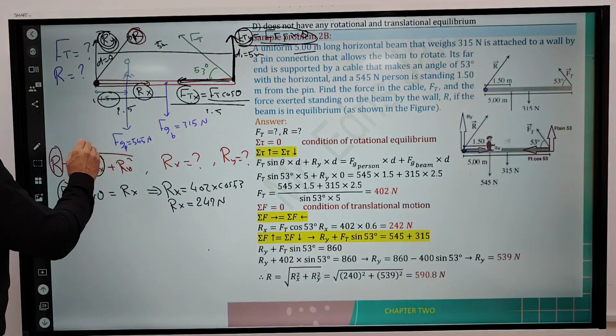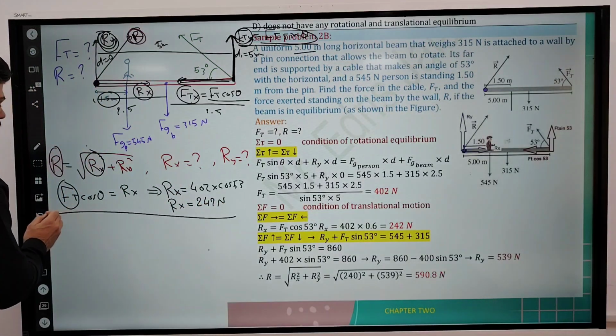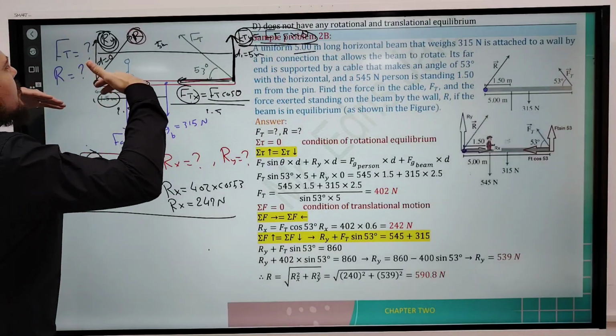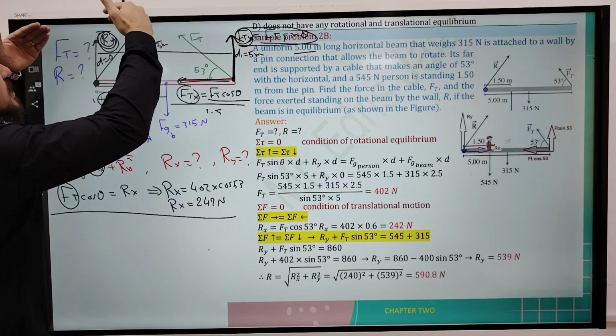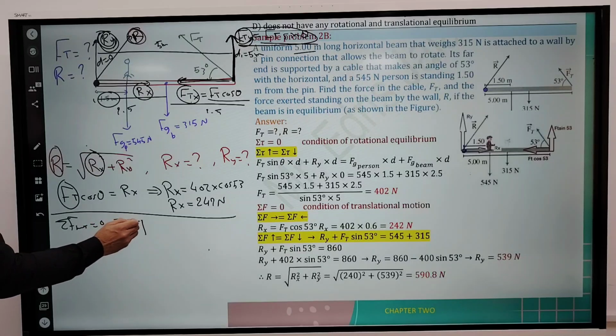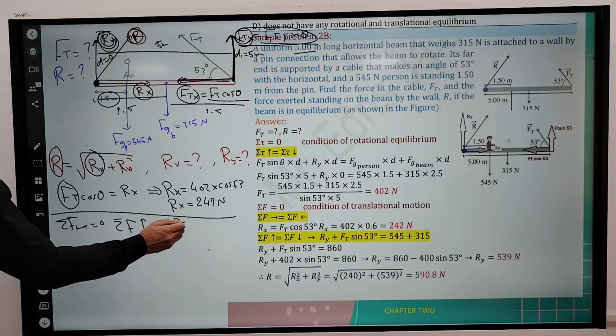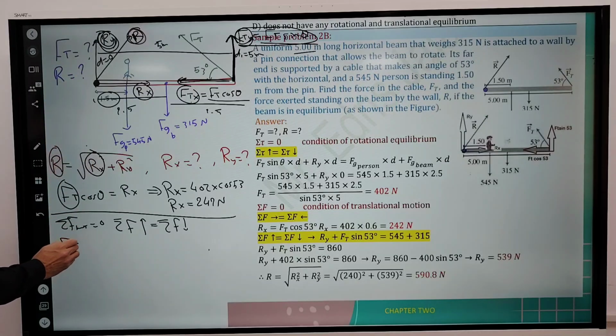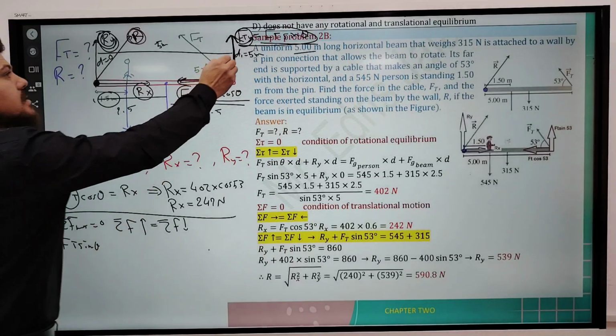We found Rx. Ry is located on the y-axis, so we have to equalize all upward forces to all downward forces, using translational equilibrium. How many upward forces do we have? Ft sine theta is an upward force.